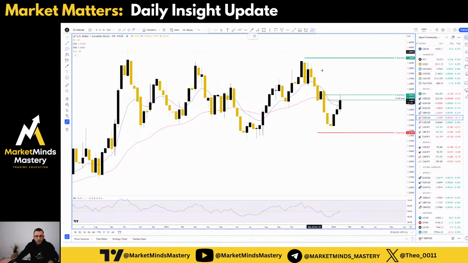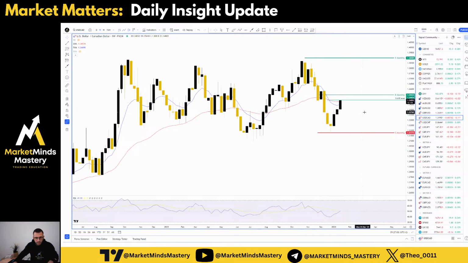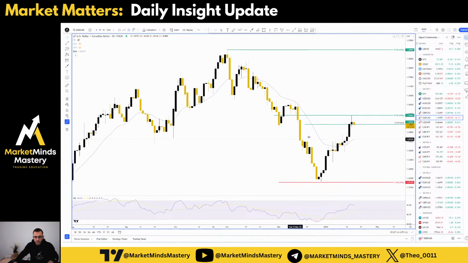Yeah, it was from here on the weekly chart to there. So the 61.8 FIB level aligns with this inside support here. Let's go back to the daily.